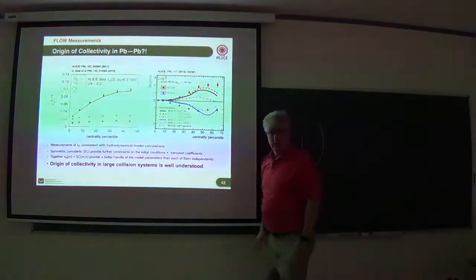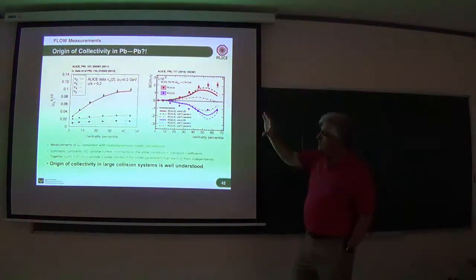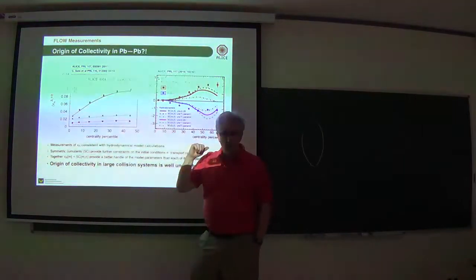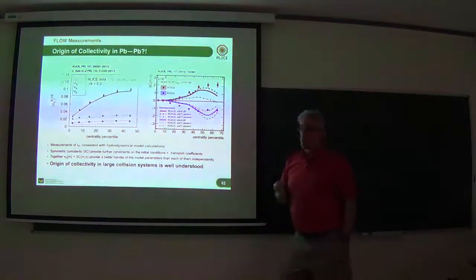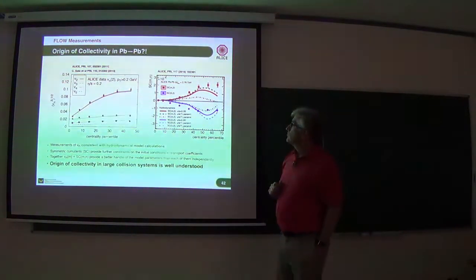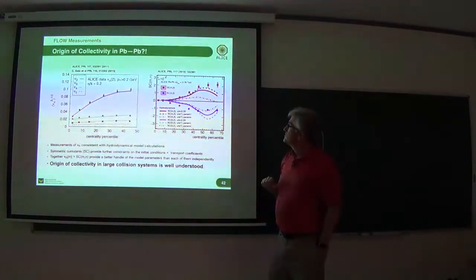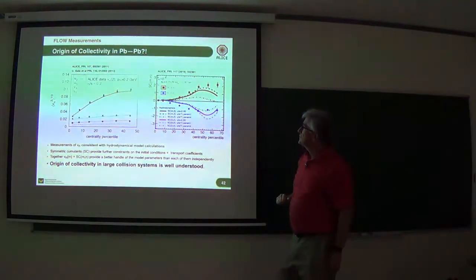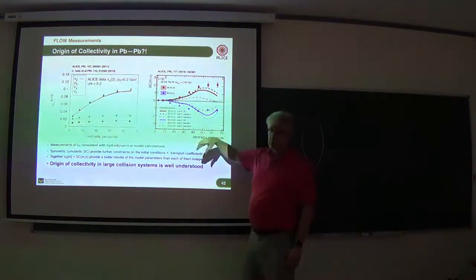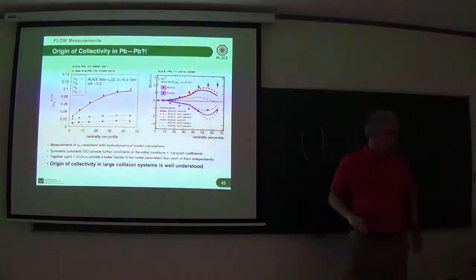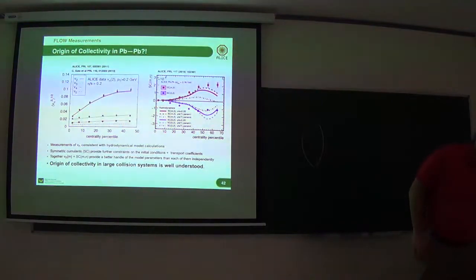But I think the point is that we are now at a level where the precision of the data is such that we can have a very good conversation with the theoreticians and understand some of the properties of the quark-gluon cloud, namely the viscosity. This is yet another type of result people have looked at, the so-called symmetric cumulant, which I'm not going to try to explain, but again, there's a comparison with models, and the models are comparing very well with the data.